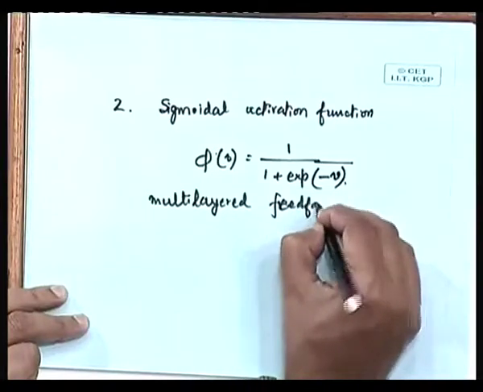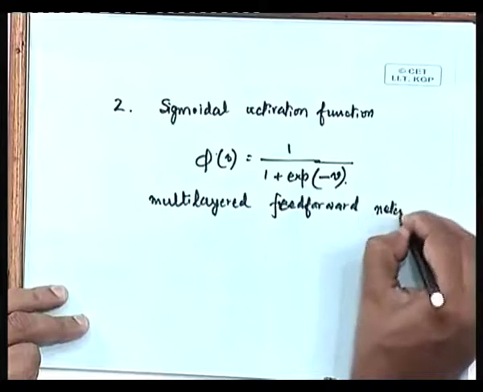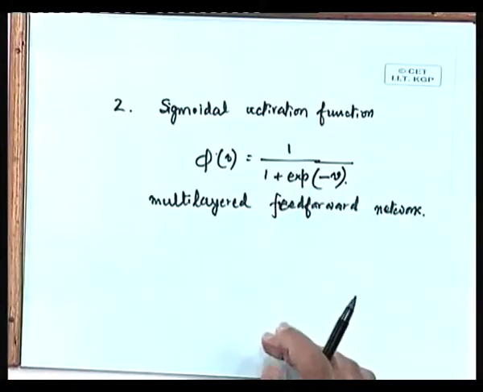Although we have not explicitly discussed the multi-layered feed forward network, I think you can guess what I am talking of, essentially where we are simply cascading layers of neurons.